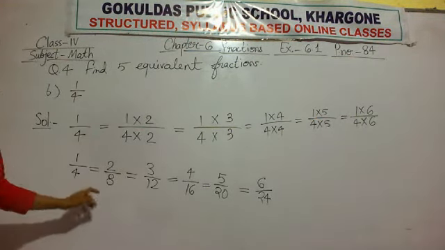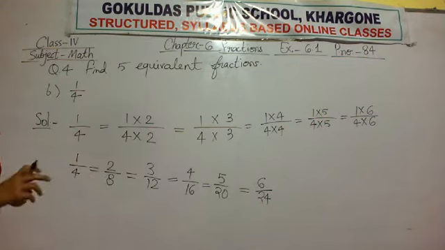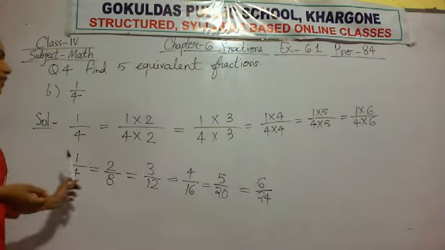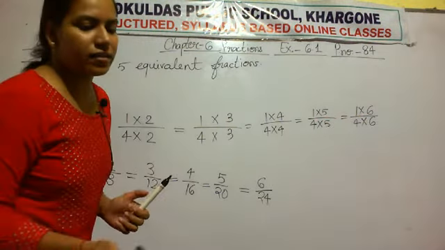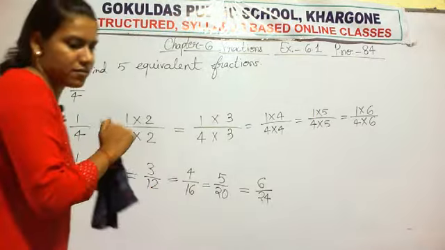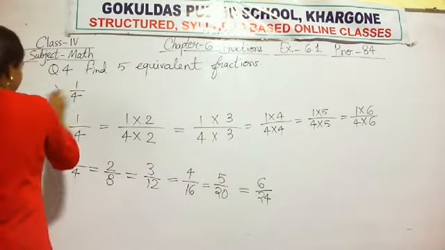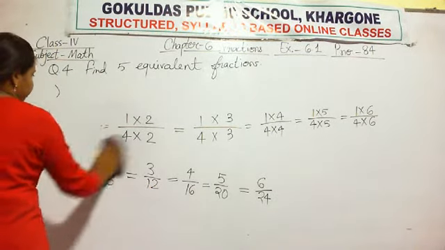So 2 upon 8, 3 upon 12, 4 upon 16, 5 upon 20, 6 upon 24 are the 5 equivalent fractions of 1 upon 4. Now let us take part C of question number 4.